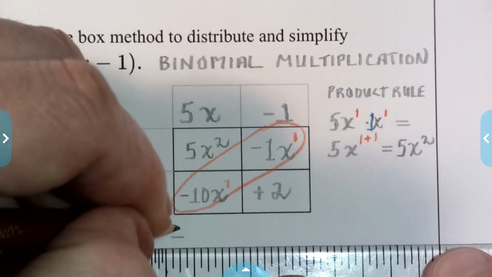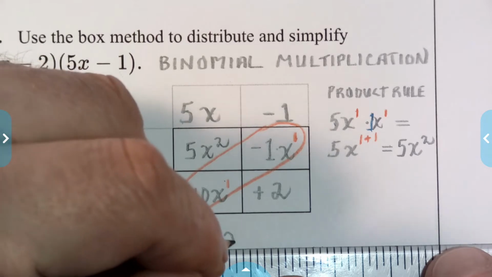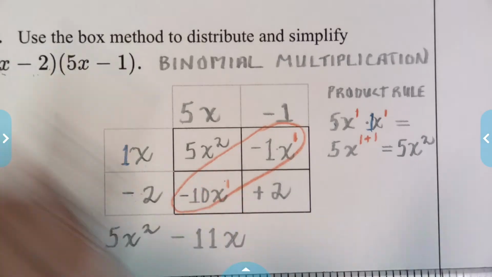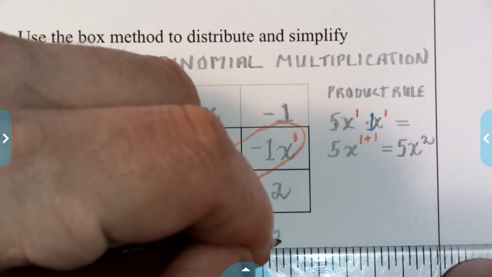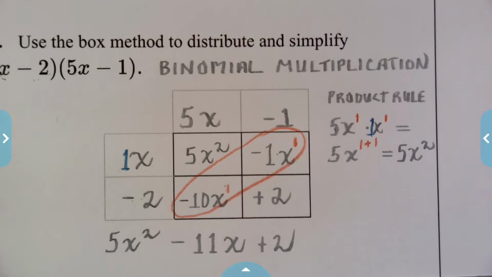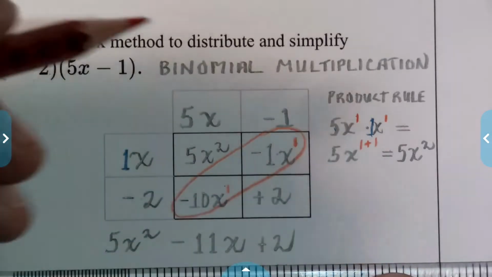So minus 11x. Okay, and what's left? Plus 2. And that is the product of those two binomials. Okay, so we can just put them in a red box.